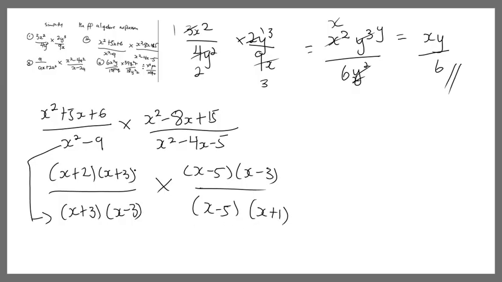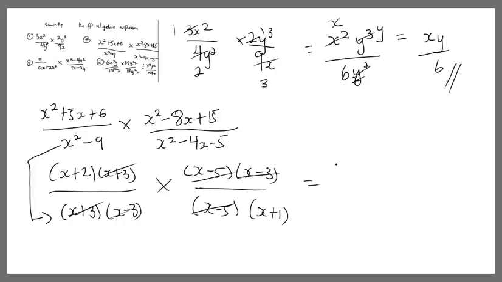So when you get a situation like this, cancellation becomes so easy. This cancels this. This cancels this. And then this cancels this. So what are we left with here?